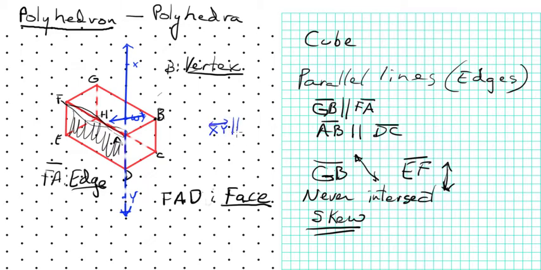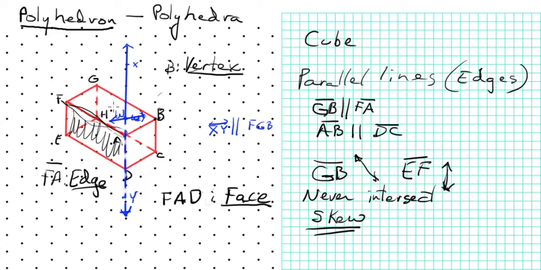XY is in plane FGB, okay? Because if I put this line through here, and it passes through point W, well, then that's going to be perpendicular to XY. So this line would be perpendicular to XY, and the line is in the plane FGB.